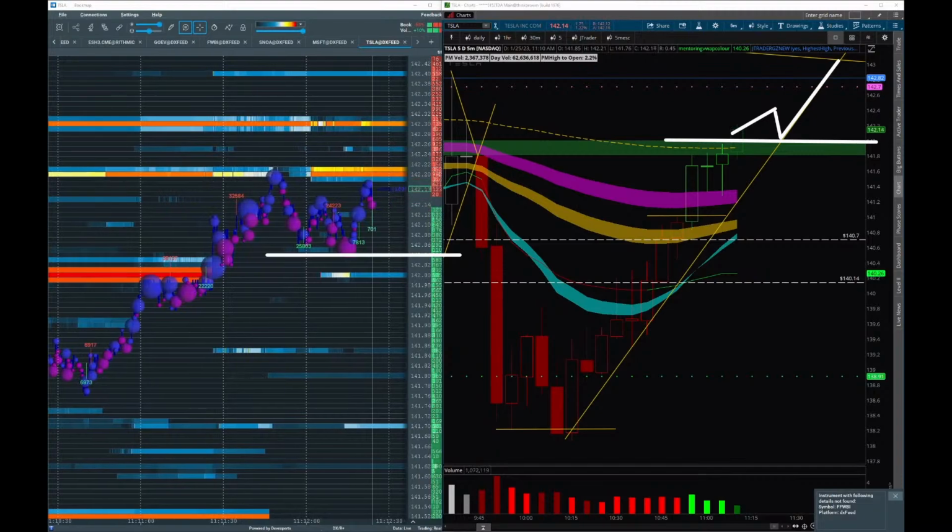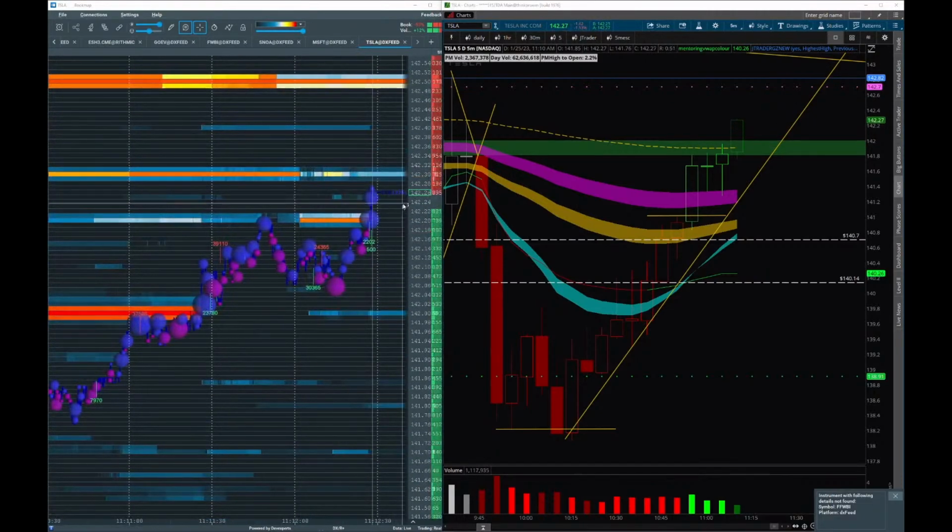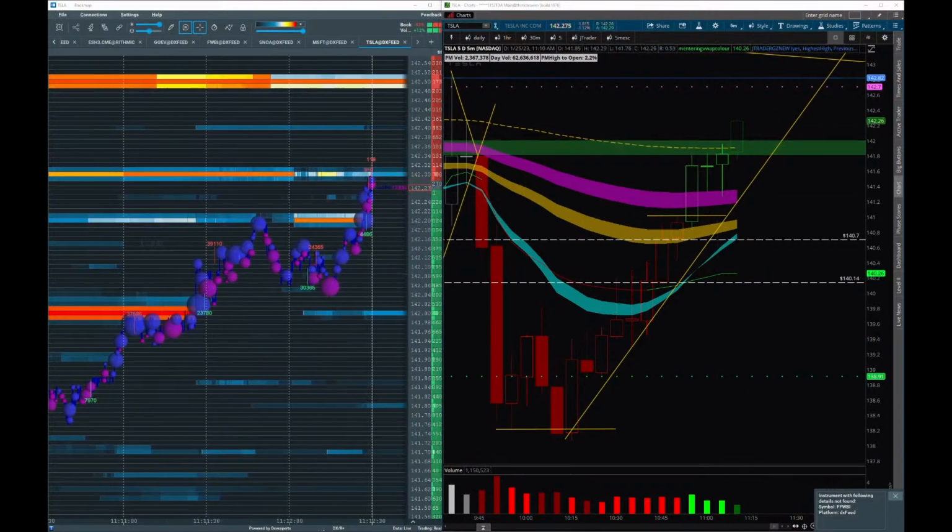Still strong above 142. So it's dipping over here and it starts curling.